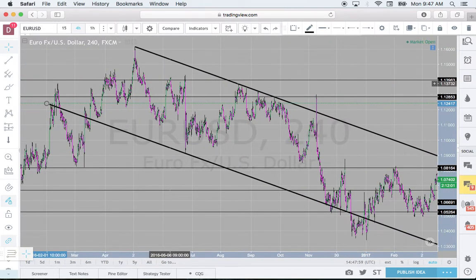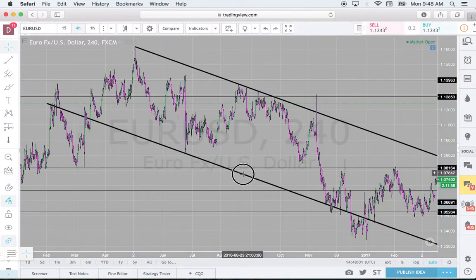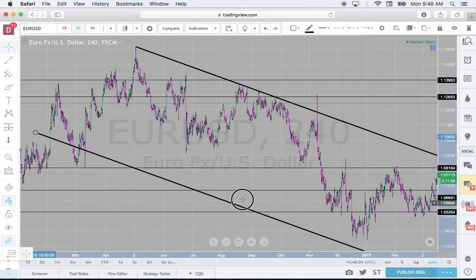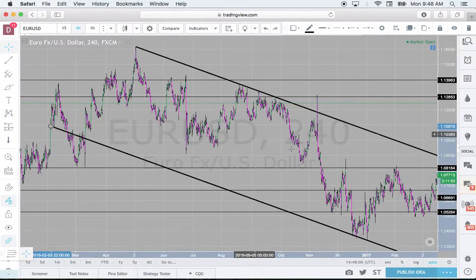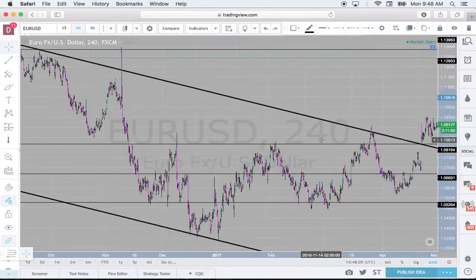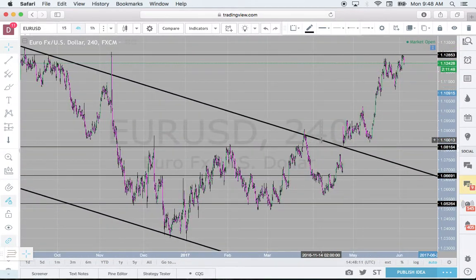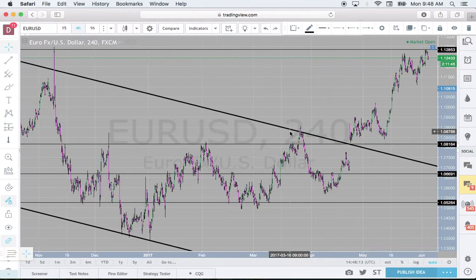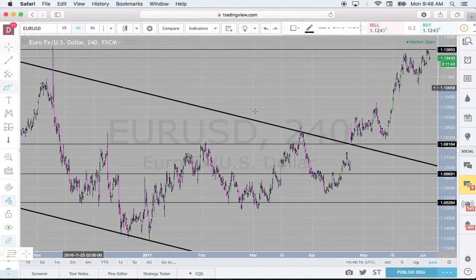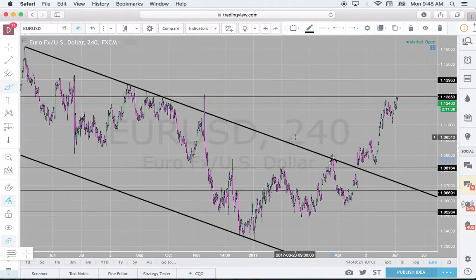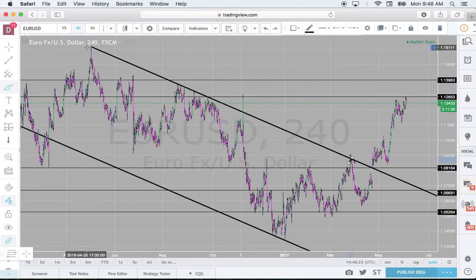So let's just say prices here, prices going up and down in this range here, right? And we can see price bounced off right here. That was like our first, second, third, fourth, fifth, maybe sixth hit on the trend line.